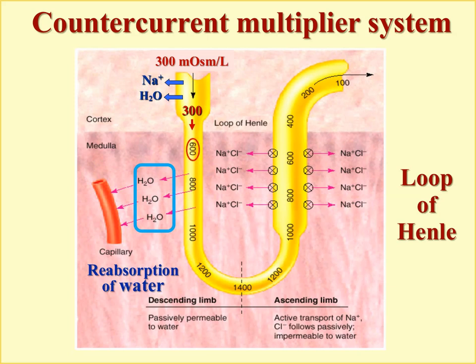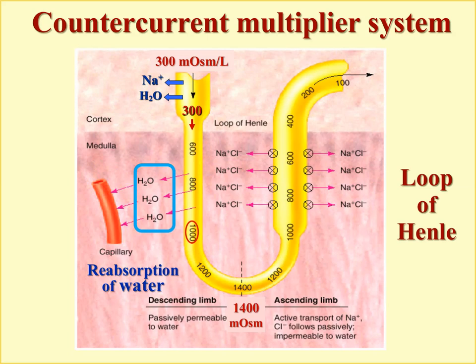And the deeper the loop of Henle goes into the interstitium of the medullary portion of the kidney, the higher the osmotic pressure becomes. So longer loops provide the highest pressure in the tip of the loop, which is the most downward portion. You see 600, 800, 1000 milliosmol per liter, and we can reach even 1400 milliosmol per liter in the tip of the loop of Henle, which is the lowest portion.